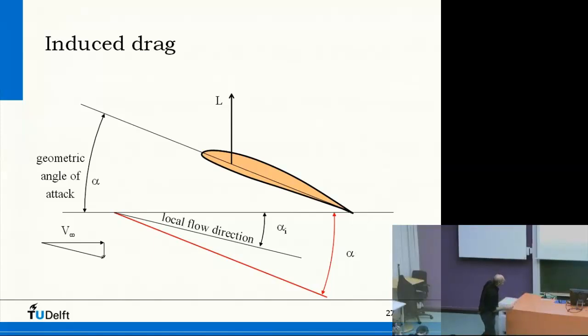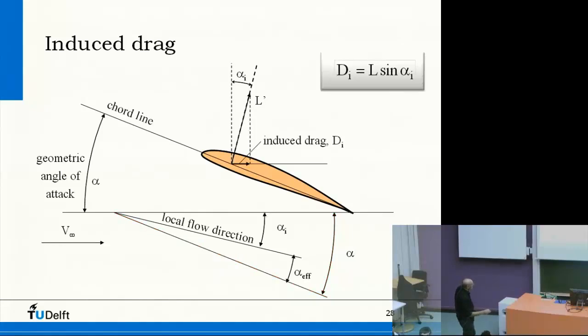So what we see is that when we now want to look for the lift force, which is perpendicular to the velocity, then this is the velocity vector direction, and the new lift force is pointing in this direction. And the angle between these two is the induced angle. This is the induced angle. And what was left is the effective angle, right here.